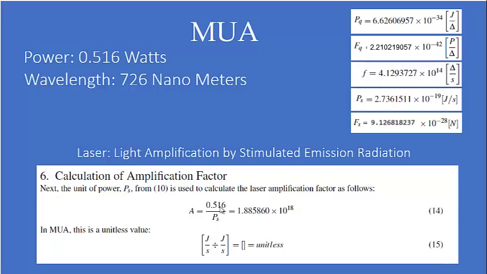So we divide the actual power by the reduced power, and we get this value. So this is the amplification factor of this particular laser, and it is quite large. This is quite a strong laser. Okay, using modified unit analysis, we see that this is a unitless value. So it is literally just an amplification factor.